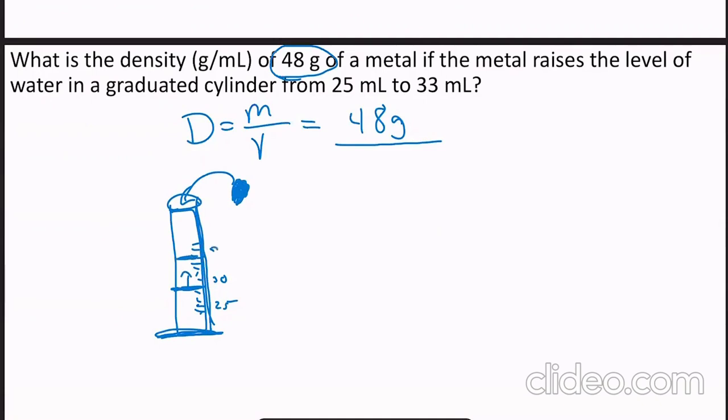So the difference between these two values is my volume of whatever I put in there. And that's what you have here. So if I put this piece of metal in a graduated cylinder and that level goes from 25 milliliters to 33 milliliters, the difference between those is my volume. The final volume minus my initial volume.